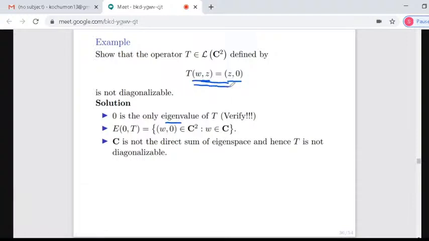By matrices also you can show, but to stay with the theme of our program, just show it by using this equation. Show that 0 is the only eigenvalue, and then also show that the eigenspace corresponding to 0 is nothing but a one-dimensional space. Therefore, C2 is not a direct sum of eigenspaces, and hence T is not diagonalizable. Okay, we have shown that one of the properties did not hold.